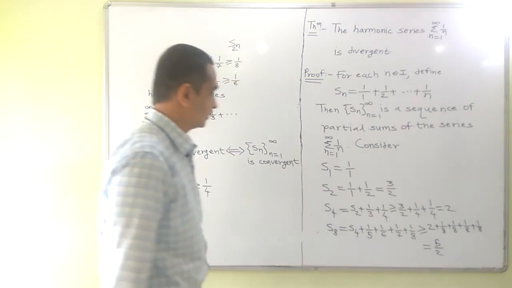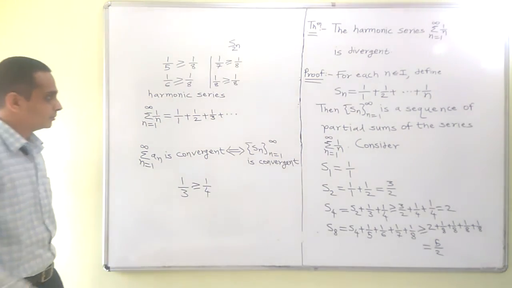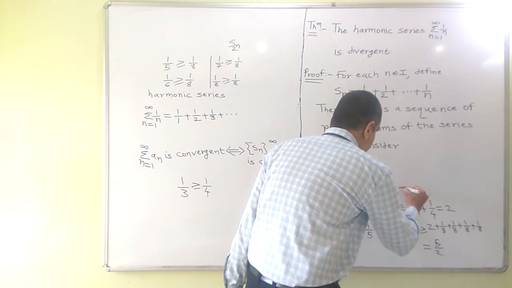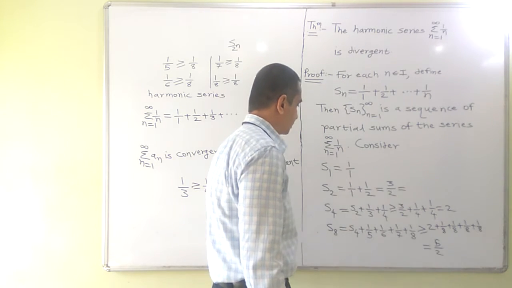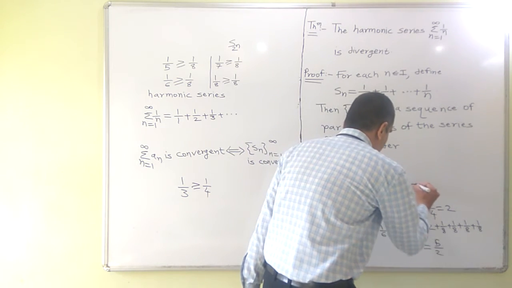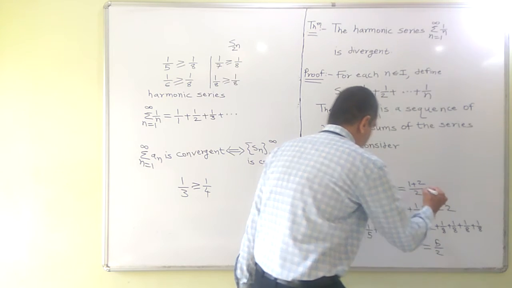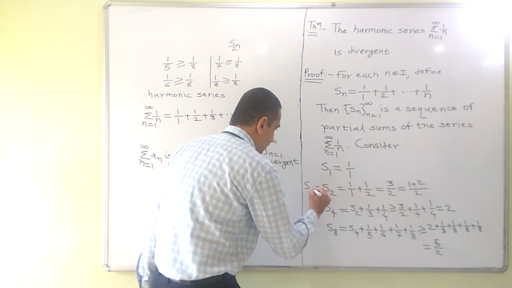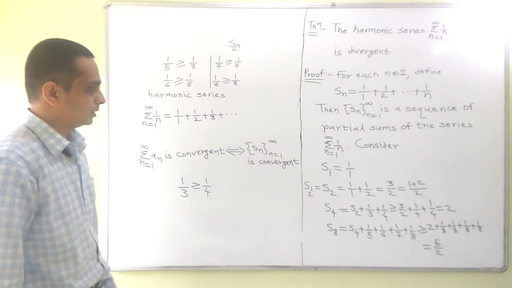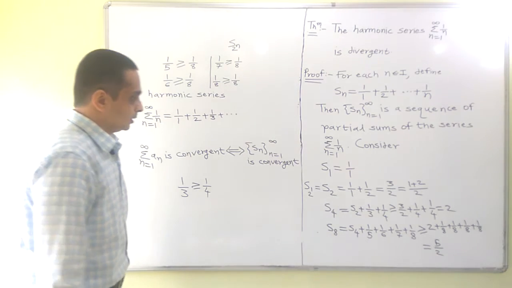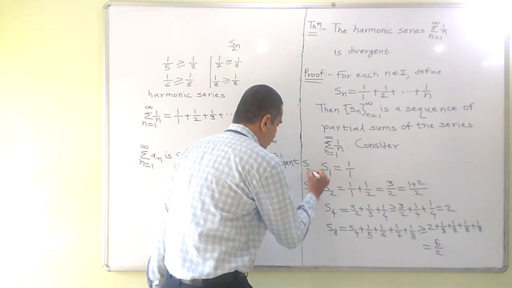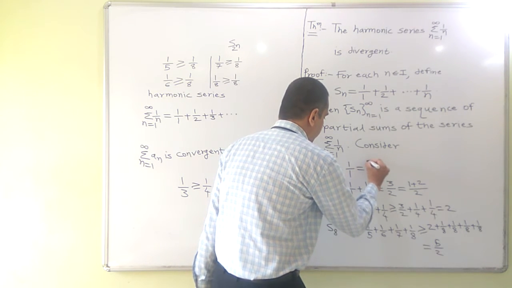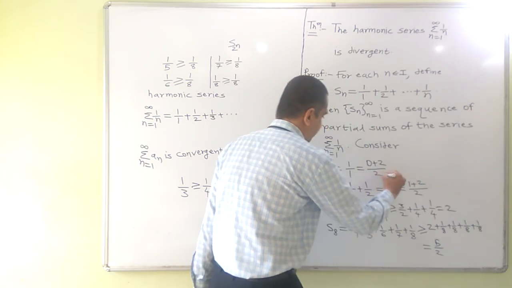Okay. Now let me generalize the pattern. I am trying to generalize the pattern. So S_(2^1) is equal to, this I could write as 1 plus 2 upon 2. This also I could write as S_(2^0), that is S_1, equal to 0 plus 2 upon 2, that is equal to 1.